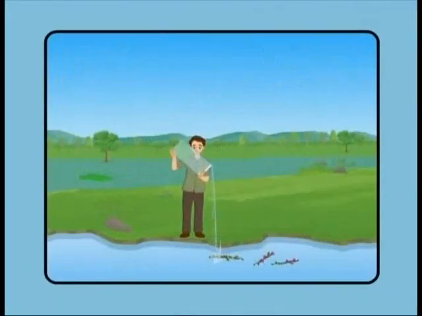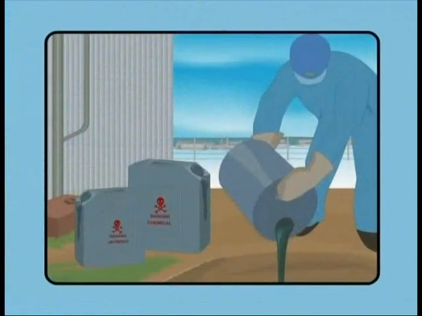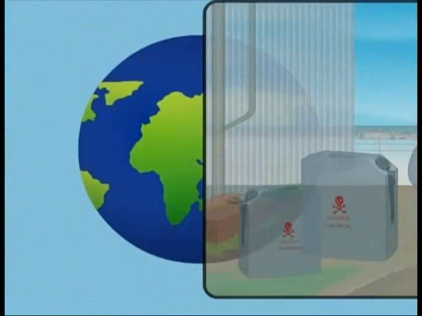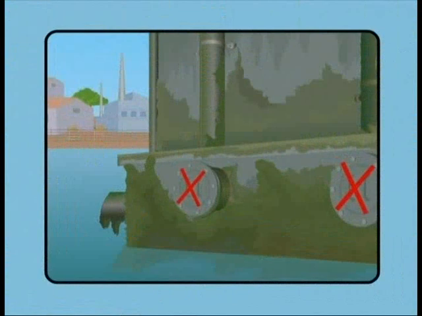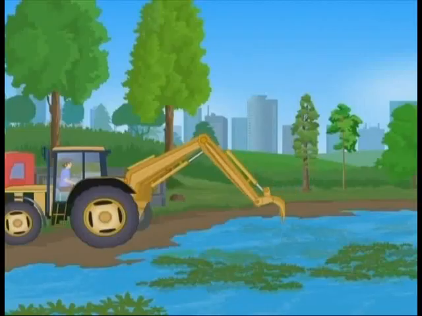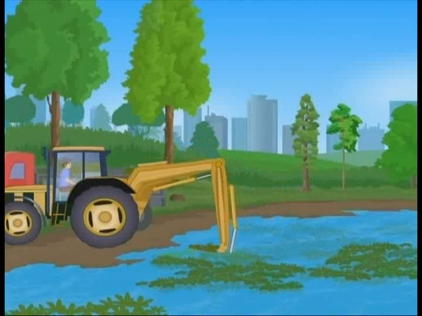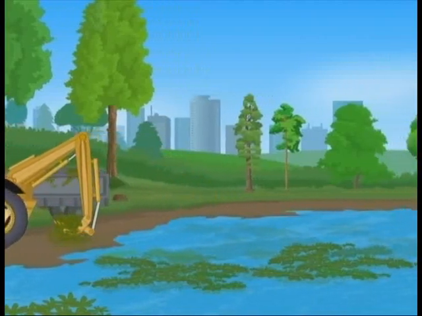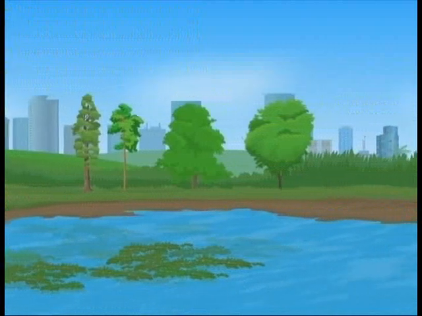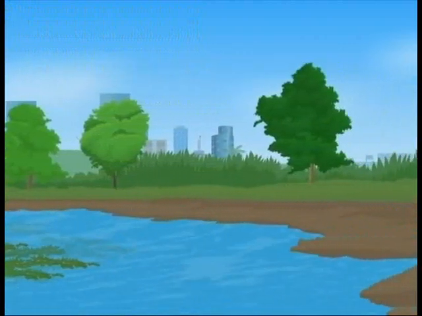People across the world are beginning to understand the working of freshwater ecosystems and are aware of the extent of damage their actions have done or can do. So steps are being taken to rectify the damage and restore the freshwater ecosystems to their natural form.